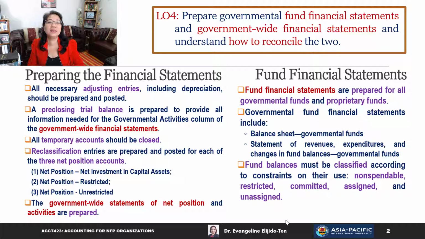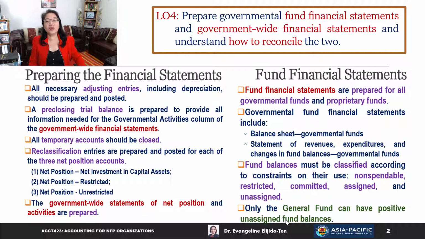Fund balances must be classified according to constraints on their use. And as you remember, GASB has 5 classifications. So you've got the non-spendable, the restricted, committed, assigned, and the unassigned.